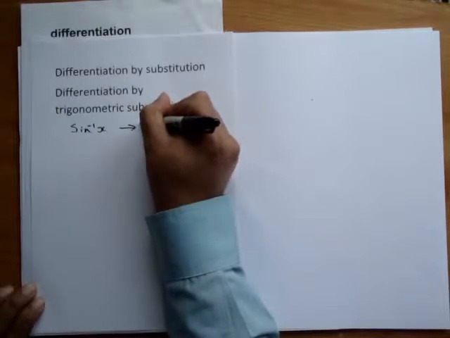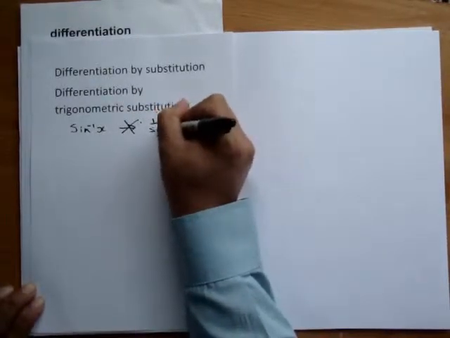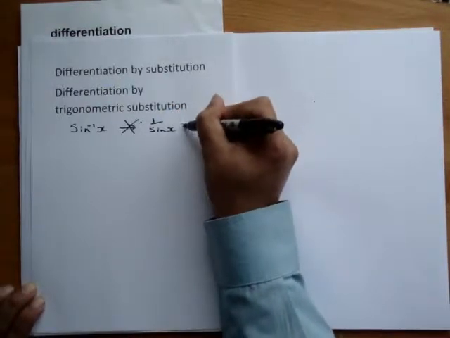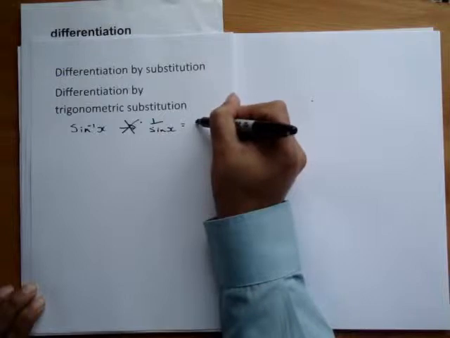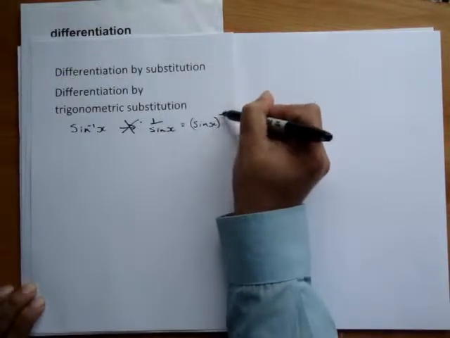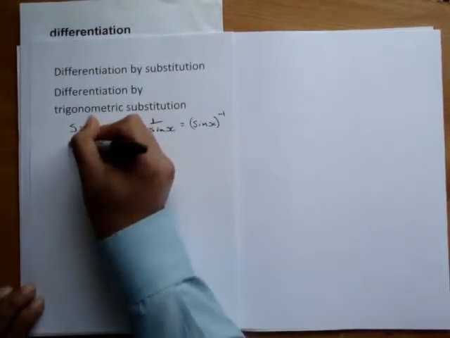This is not the same as 1 over sine x. 1 over sine x is written as sine x to the minus 1. So this is sine inverse x.